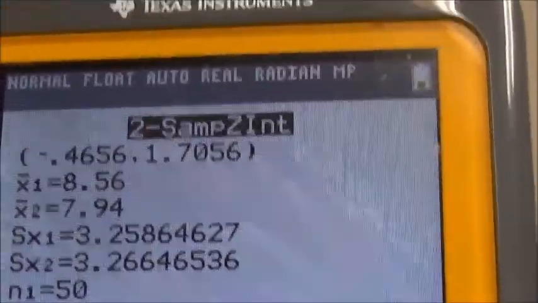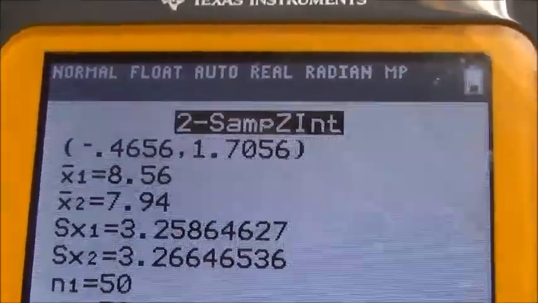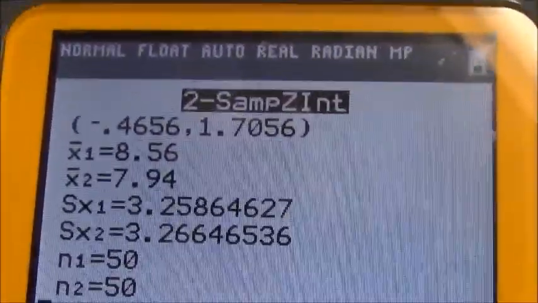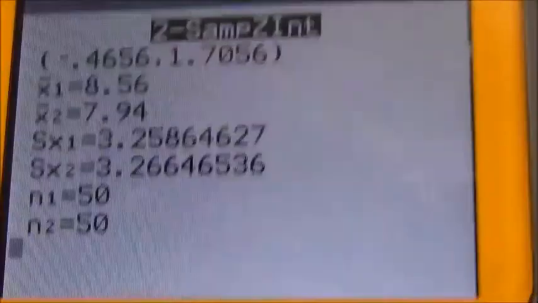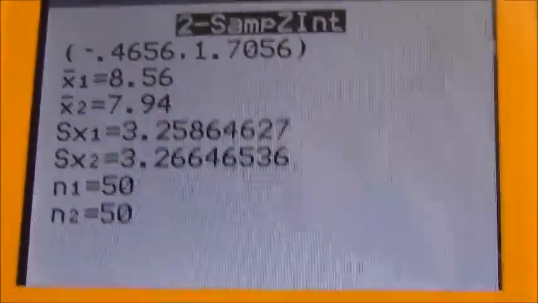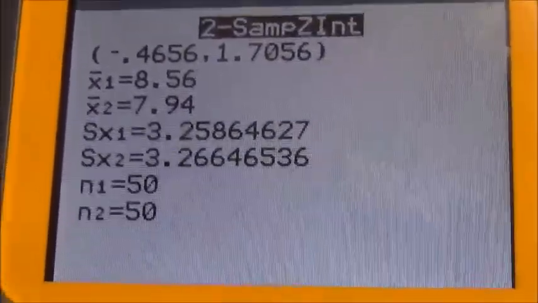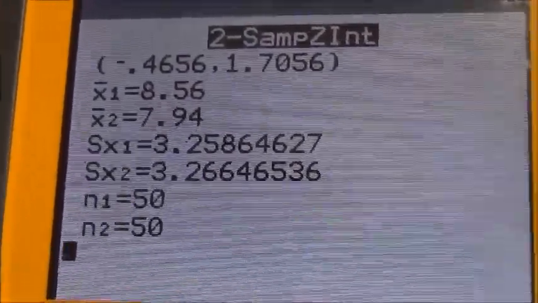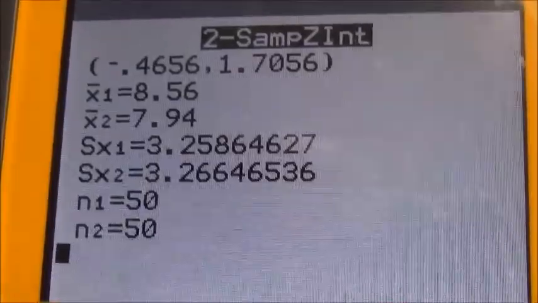Now, the question on there wants to know, does the confidence interval contain 0? In this case, 0 is between a negative number and a positive number, which is what we have. And the reason that question is asked is if 0 is in your confidence interval, you do not want to reject the null. And so it can help you when you're doing your hypothesis testing later on.